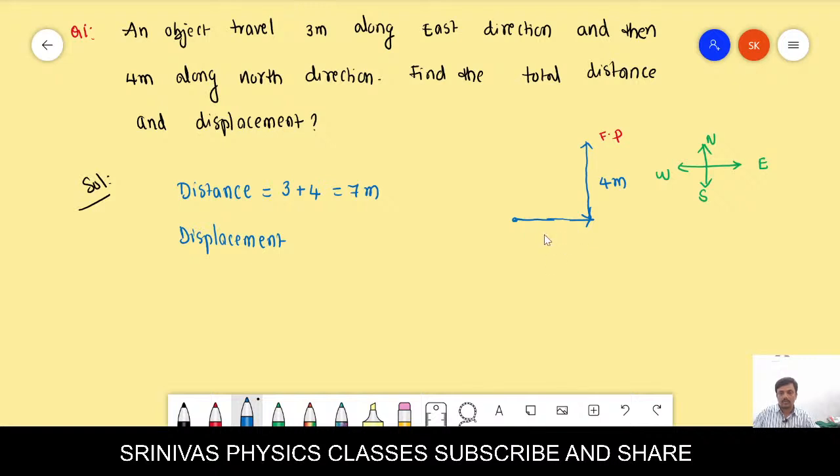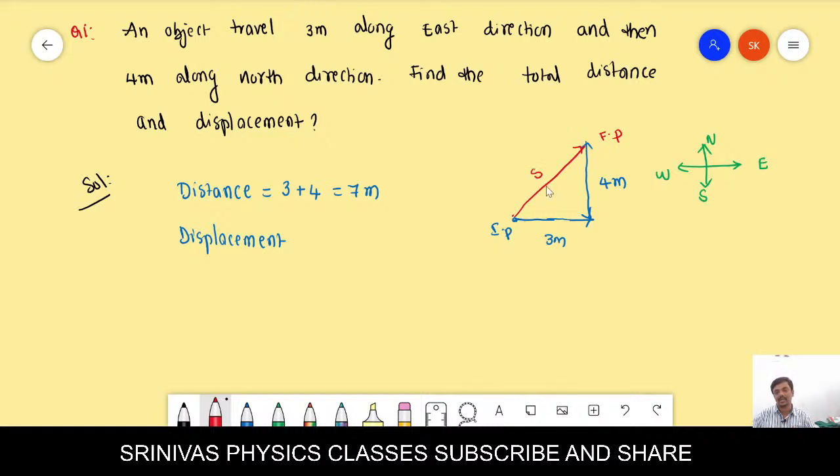Initial point means where the body starts its journey, final point means where the body ends its journey. This straight line length gives the displacement.